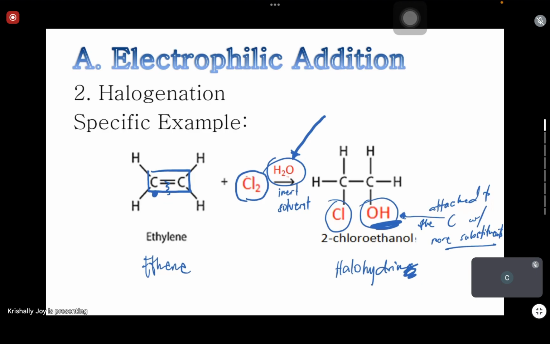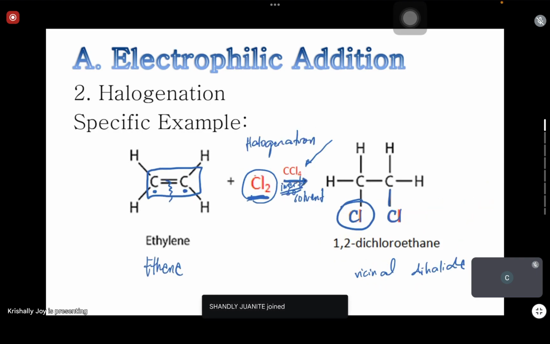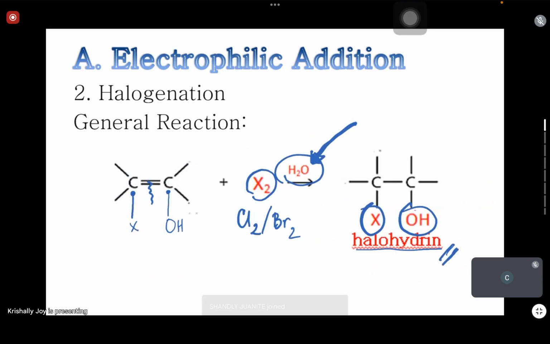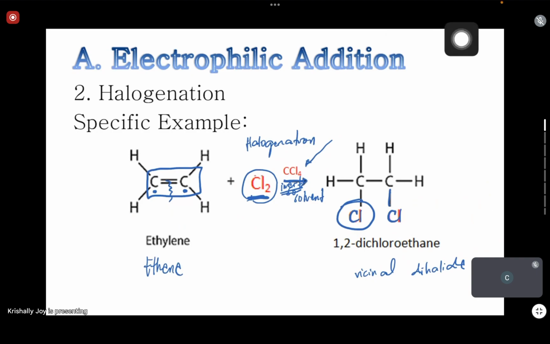Okay, so for now, just know this nga, kapag in the presence of water as inert solvent ang present, sa halogenation, halohydrin. If in the presence of carbon tetrachloride or chloroform or dichloromethane, it will form, ayan, vicinal dihalide. Okay, vicinal dihalide meaning tagsa sila og chloro.